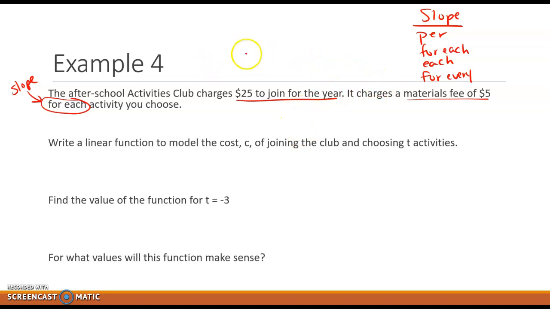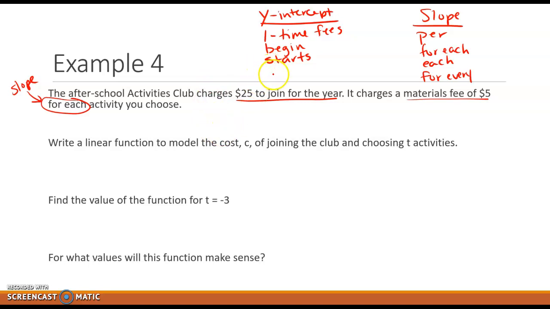Now, for y-intercept, we're looking for one-time fees. We're looking for beginnings or starts. Those types of words indicate that we're working with a y-intercept.